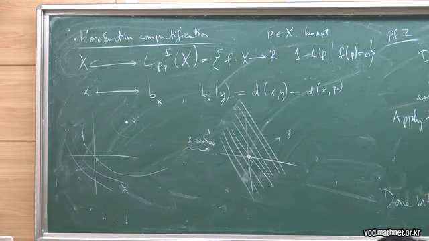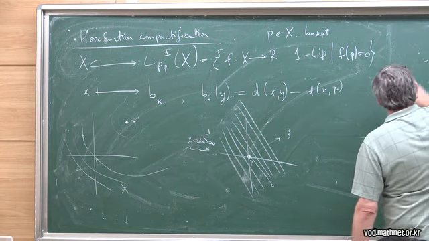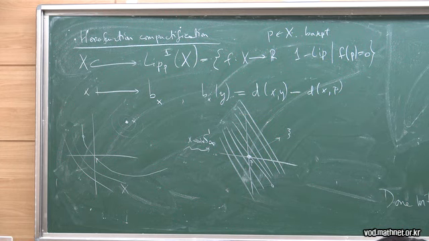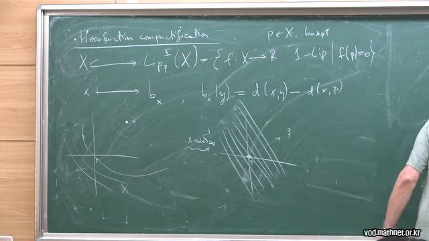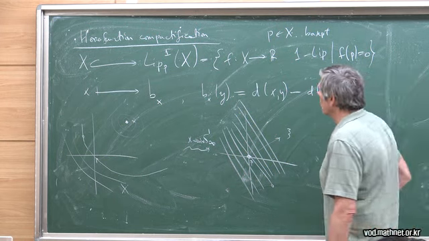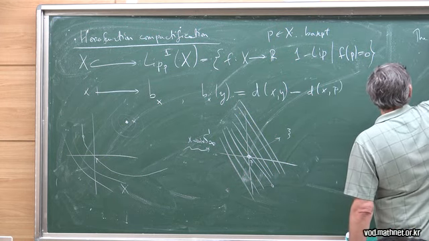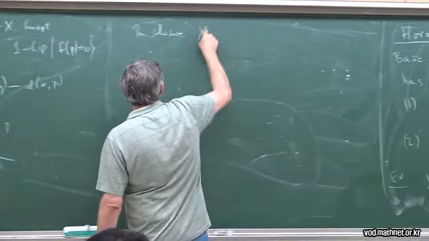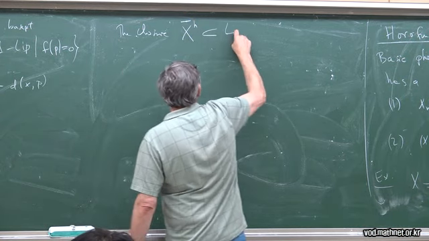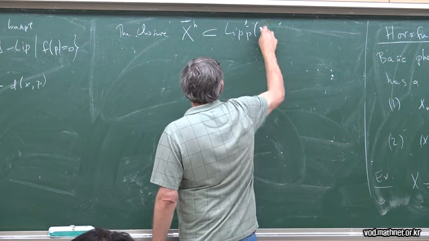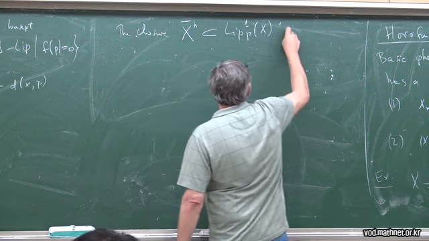You're normalizing the level sets, looking at the level sets and passing to the limit. And so the key claim here is that this is compact. If I take the closure, X_h bar, this closure in the space of functions is compact.